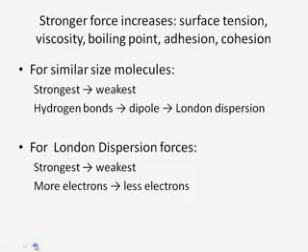For similar sized molecules, okay, we can look at them based on, is it hydrogen bonding, dipole-dipole, or London dispersion? Okay, strongest to weakest. If we are comparing two substances where London dispersion forces are dominant, then we're going to look at the number of electrons present. More electrons is stronger London dispersion force.